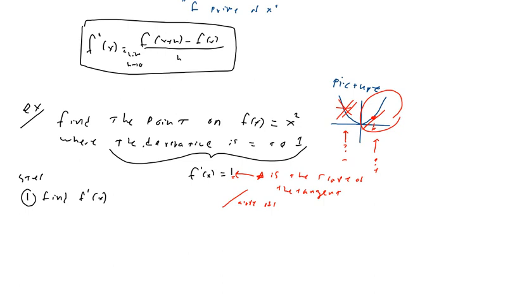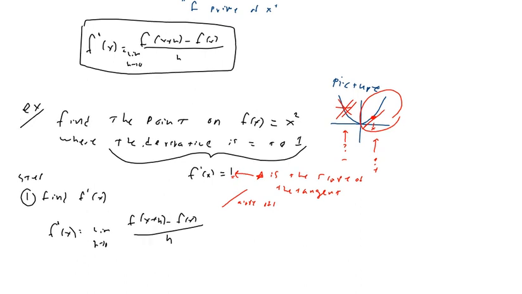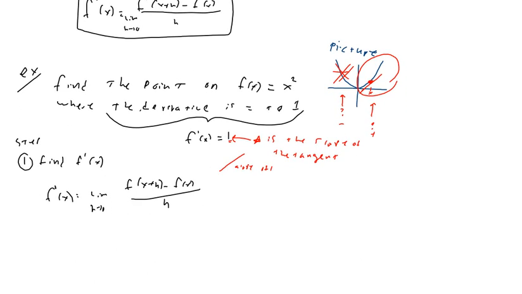What is the derivative of this f of x function? I do that by using the formula: f prime of x equals the limit as h approaches 0 of f of x plus h minus f of x over h. So I find my derivative using the formula.